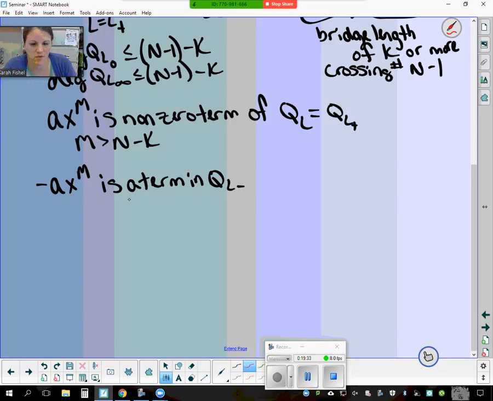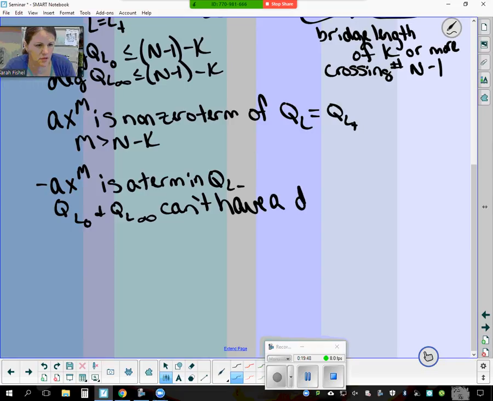And why would they have to cancel? Because the q polynomial of the L naught projection and the q polynomial of the L infinity projection can't have a degree of m. Okay, they can't have any term with a degree of m because m is greater than n minus k.